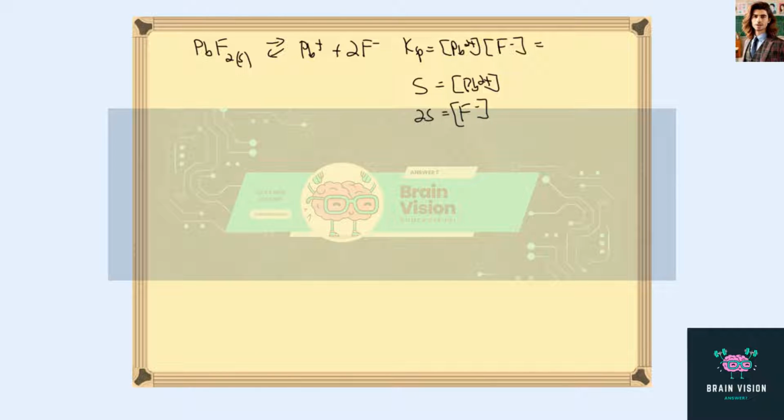So now we can go back to our Ksp expression, the numerical value being equal to 3.3 times 10 to the negative 8, and plug in these expressions. We get S multiplied by 2S squared being equal to 3.3 times 10 to the negative 8.